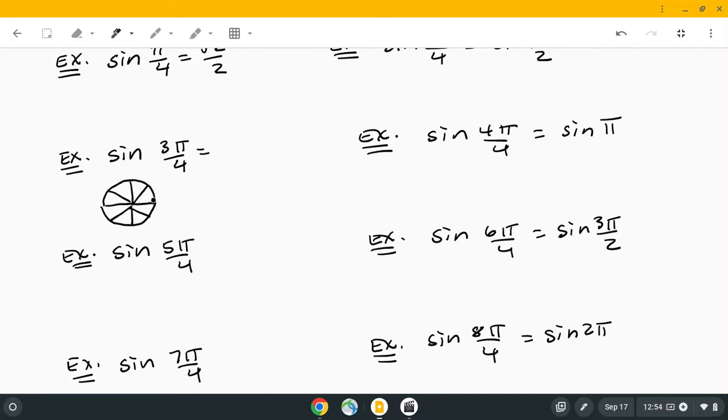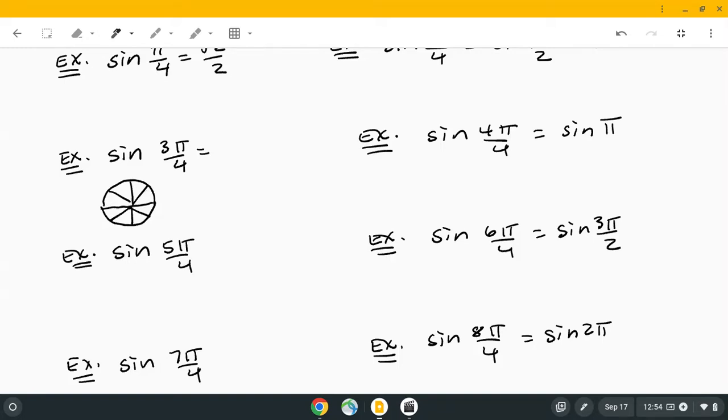And I would just count to see what quadrant I land in. So this piece is 1/4. From here to here, that's 2/4. And from here all the way to here is 3/4. Okay, so right here, let me get this here. Oh, it did not go as planned. Hold on a second. Let me put my lines back in there.